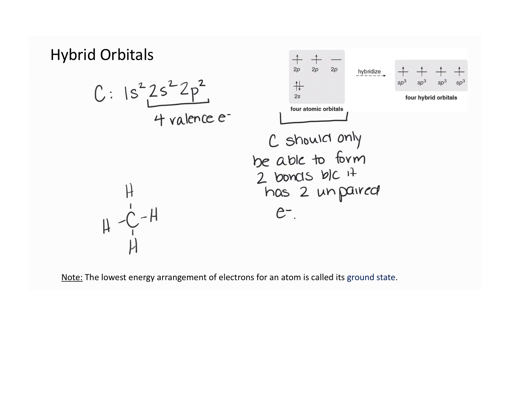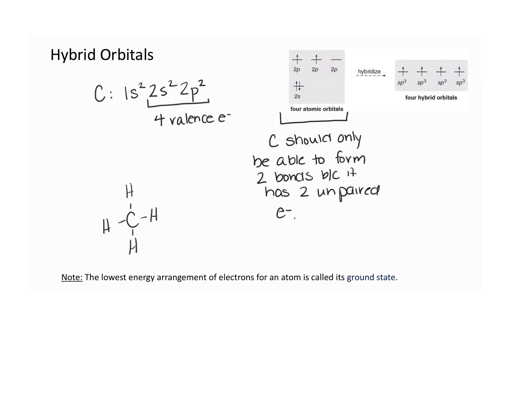So in the 1930s-ish, scientists had to redefine their hypothesis about orbitals because carbon forms four bonds instead of two. We also know that these bonds are the same length, and the bond angles here are 109.5.